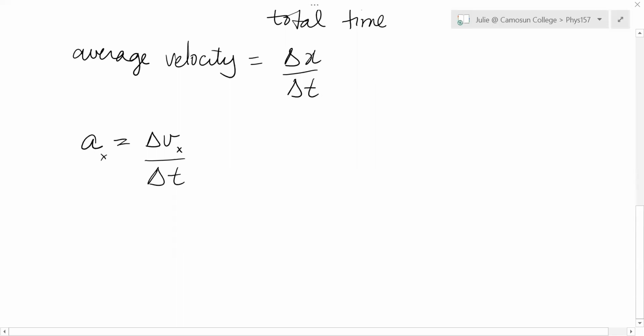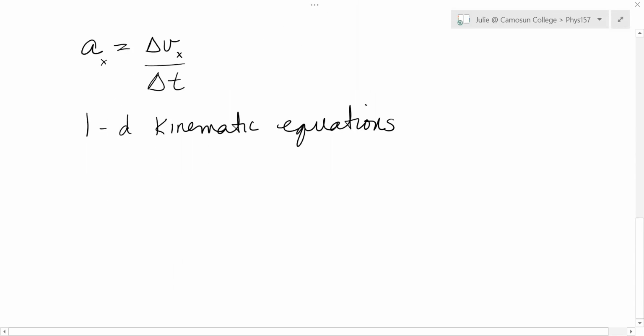As far as the one-dimensional kinematic equations, they are also given on the PowerPoint slides, and all the details of the quantities are there. It'd be a good idea to memorize them, but vf is vi plus at.